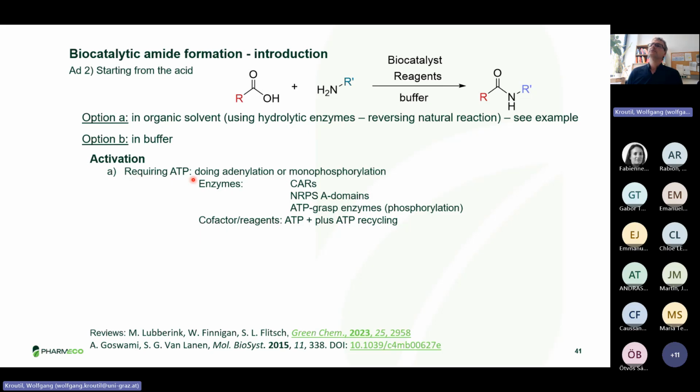Depending on how you count, let's say three different options, all using ATP. These are carboxylic acid reductases, non-ribosomal peptide synthetases, or ATP-grasp enzymes, which were recently nicely shown in a paper from Merck as well. Those are all distinct enzymes with very different substrate spectra.